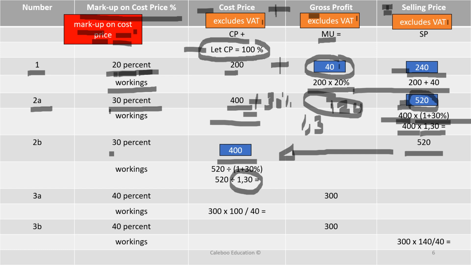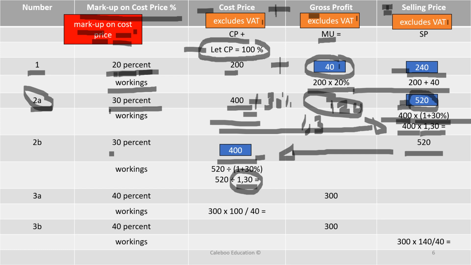Do you see that? In 2A, I multiplied by 1,3 to go from the cost price to the selling price. If I want to go from the selling price to the cost price, I now do the opposite and I divide by 1,3.